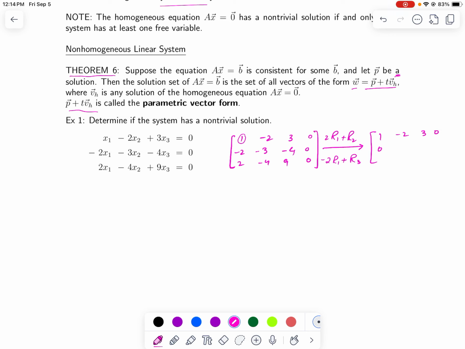Then I get a -7, because remember we are multiplying row 1 by 2, so 2 times -2 is -4, -4 plus -3 is -7, and then we get 2, and then we get 0. The same way, the third row gives us 0, and then it also gives us 0 over here, and then we're getting 3 and 0.